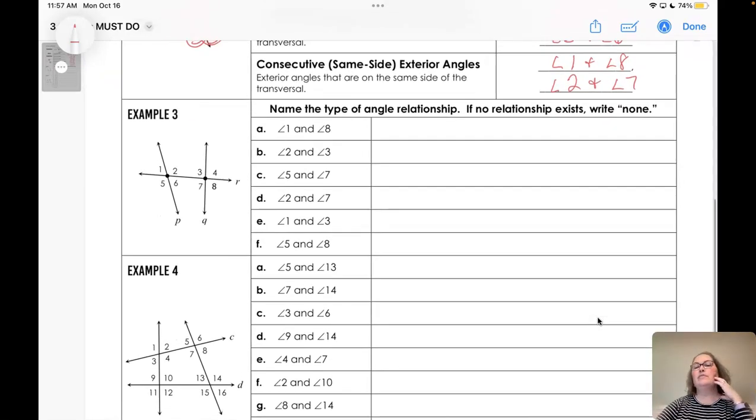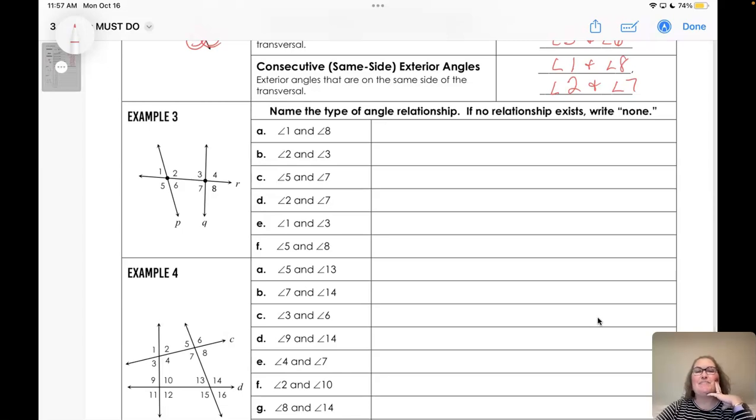All right, so now is where the fun begins, when we get to name the type of relationship. And if no relationship exists, then we write none. So angles 1 and 8. Those are going to be on alternating sides of the transversal, and they're on the exterior, because here the interior is going to be this part between the two lines.